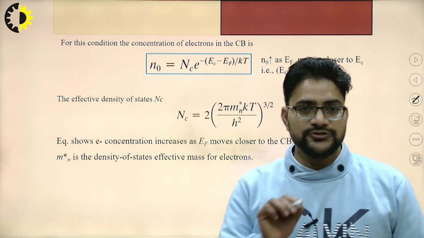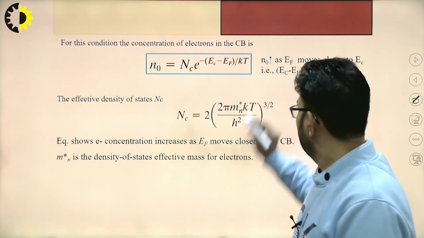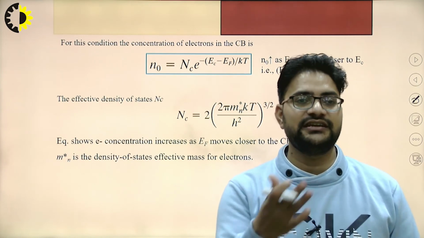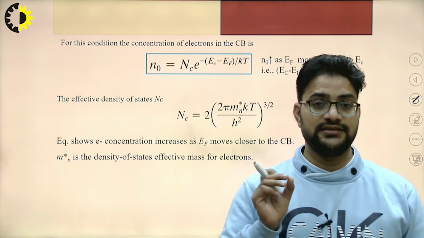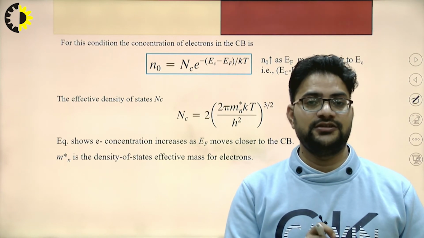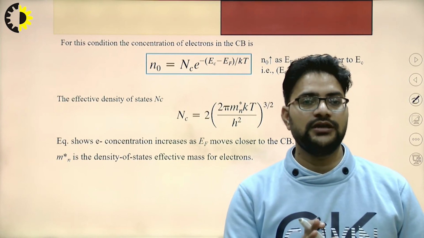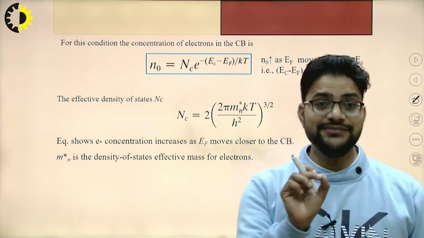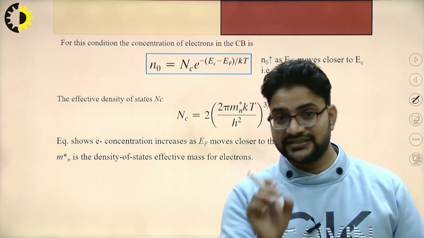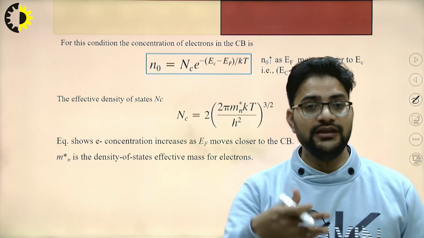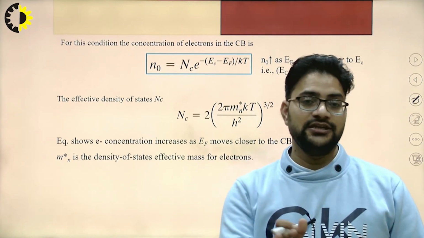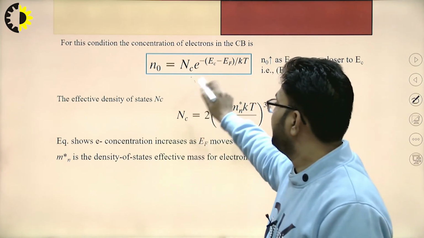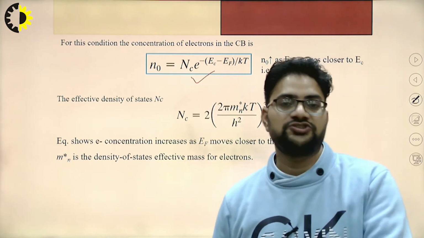Now, if you see carefully, N naught, that is the electron concentration, will increase as the Fermi energy level moves closer to the conduction band energy level, or you can say if EC minus EF is decreasing, then N naught will increase.